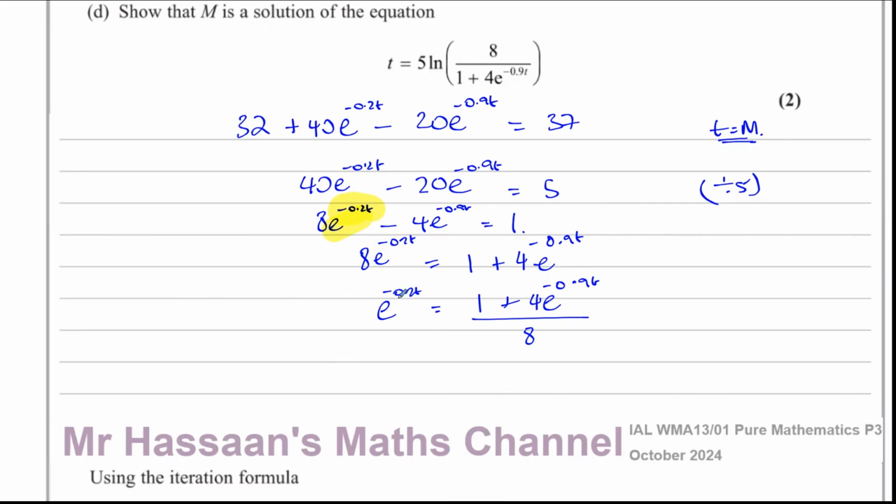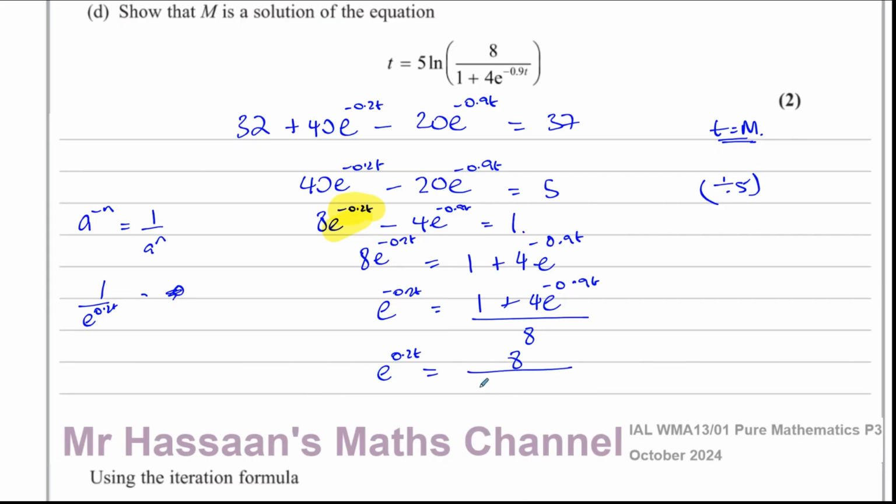Now, this can be rewritten as e to the power of 0.2t. That's like the reciprocal of this. If I have a to the power of minus n, it's like 1 over a to the power of n. So if I write this side as its reciprocal, it's going to be e to the power of 0.2t, and I must write the other side as its reciprocal as well.